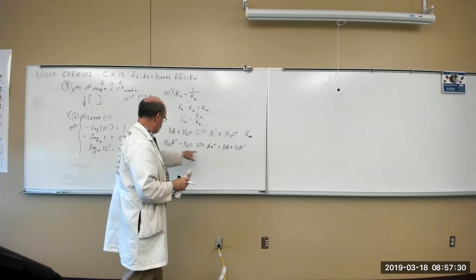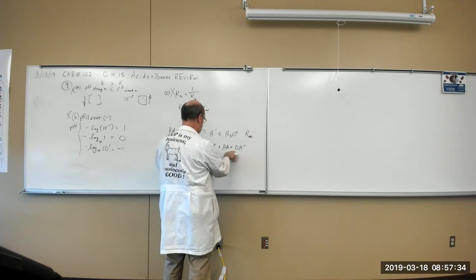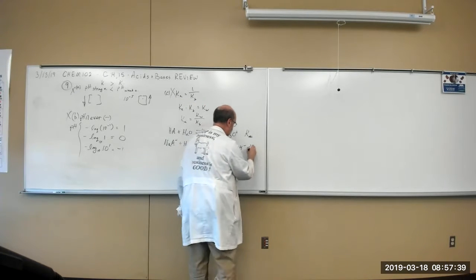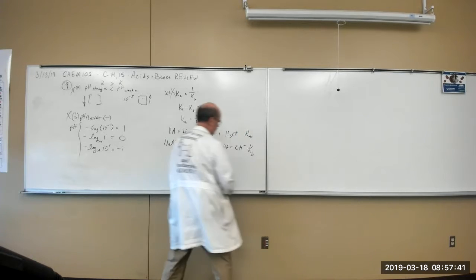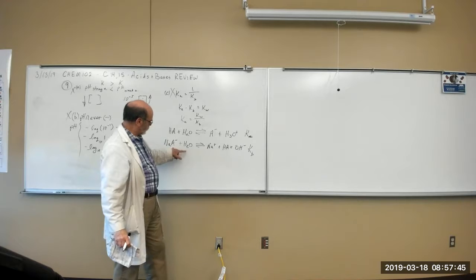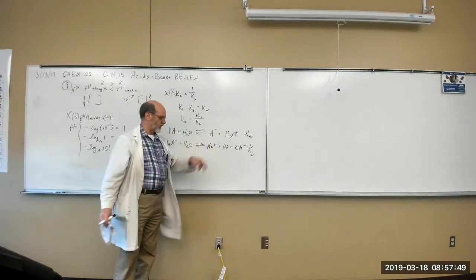Let's see what we got. There's one there, one there, one there, one there. H2O, H2O. Okay, so that's right. This is Kb. Why? Because this reaction produces a hydroxyl, not a hydronium.